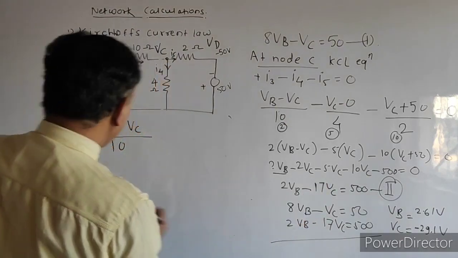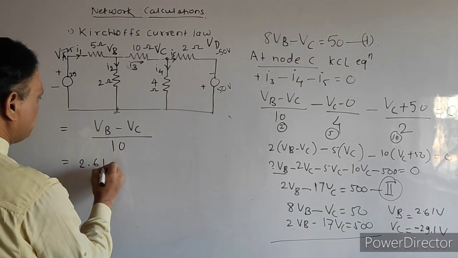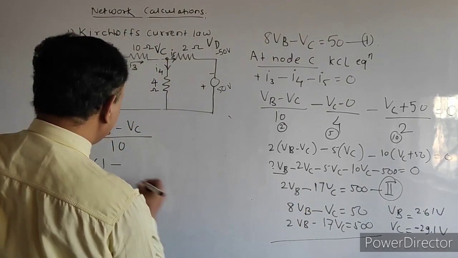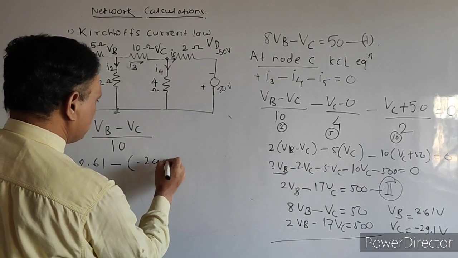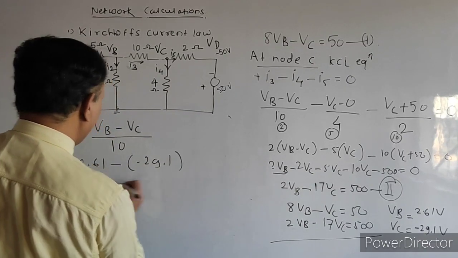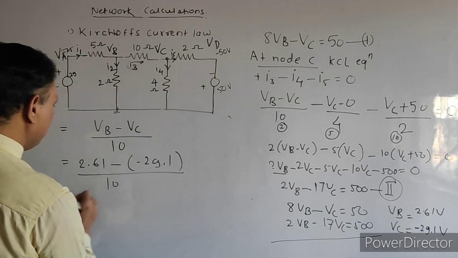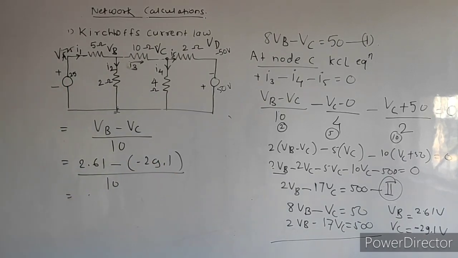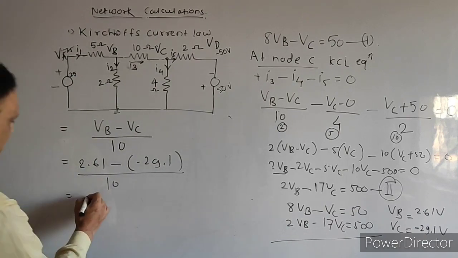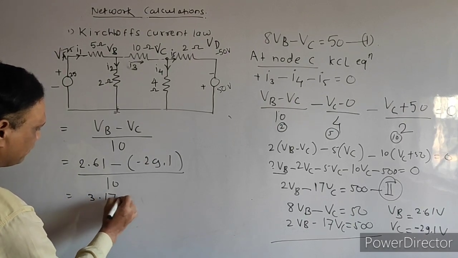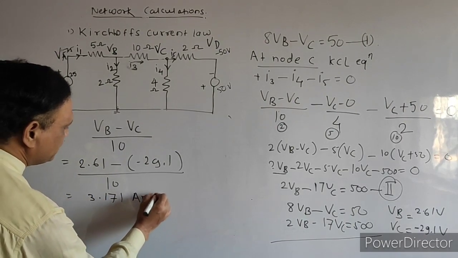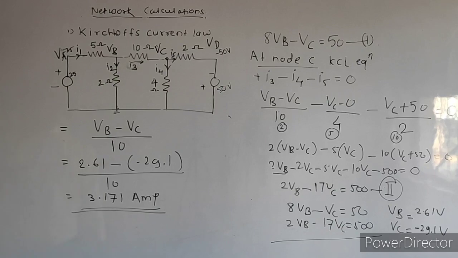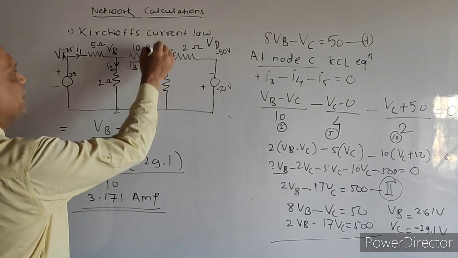I have obtained VB is 2.61 volts minus VC is minus 29.1. So 2.61 plus 29.1 upon 10, if you calculate it, you will get 3.171 ampere. This is the current flowing through the 10 ohm resistor.